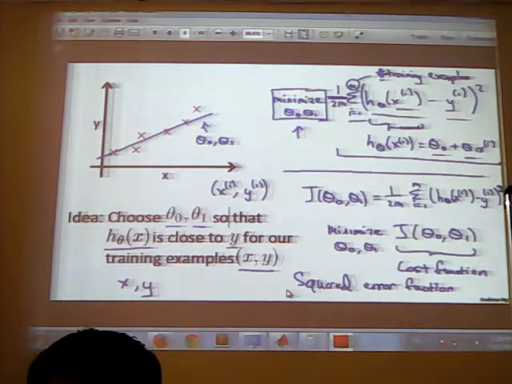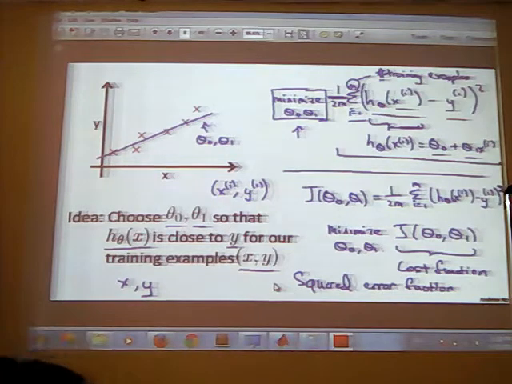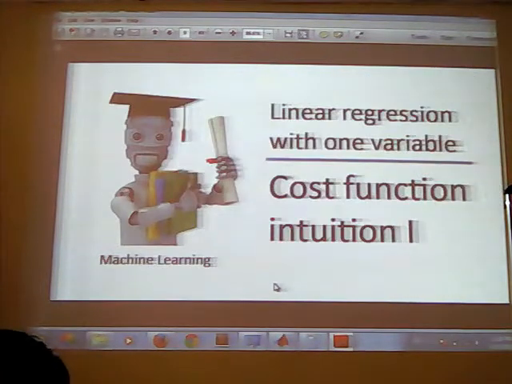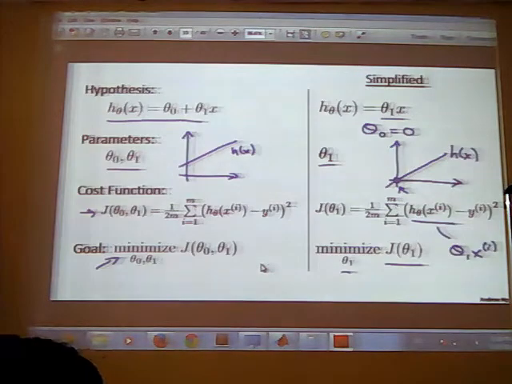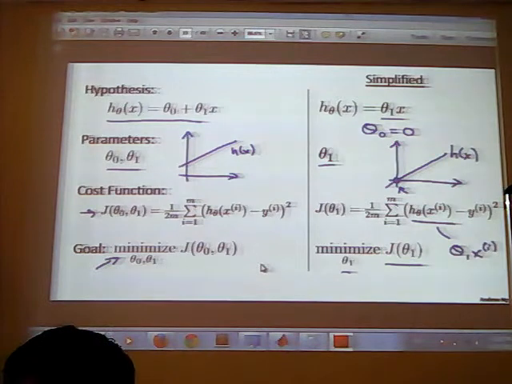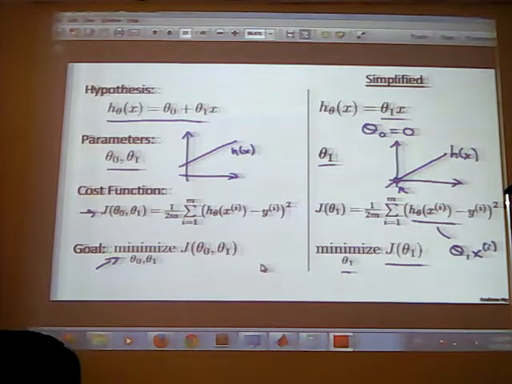Moving on to our next slide, we will have a clear intuition about the cost function. For this, you must have a clear vision of the difference between the hypothesis and your cost function. So what was our hypothesis? Theta 0 plus theta 1 x.